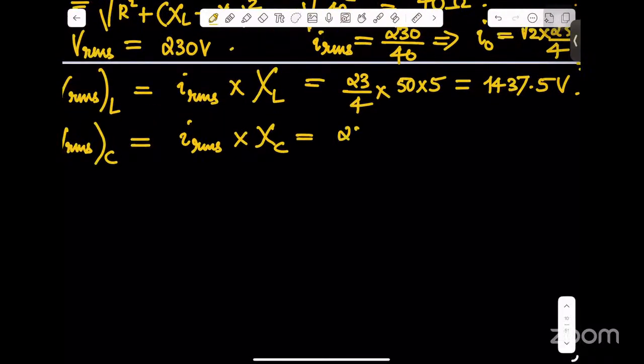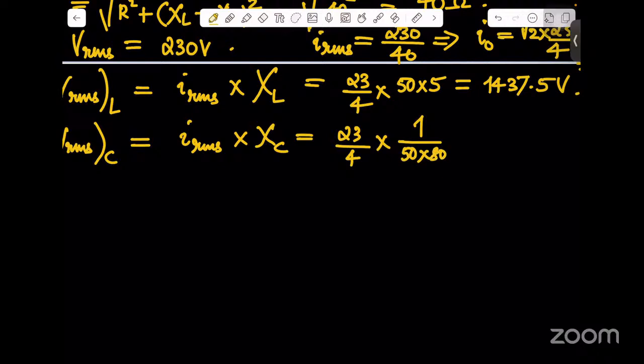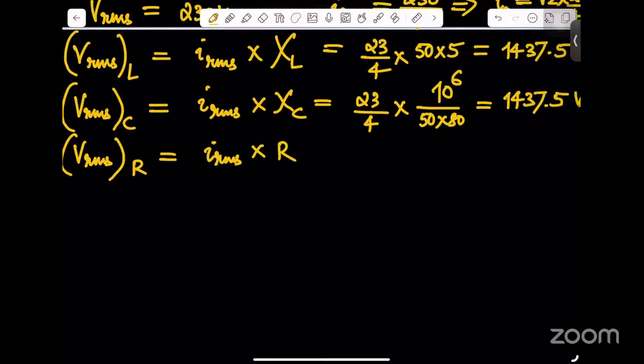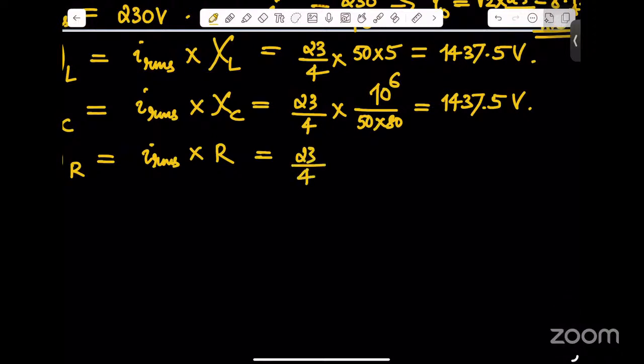It is I_RMS, which is 23 upon 4 times 1 upon 50 into 80 into 10 raised to minus 6. If you solve this again, you get the same value. And the potential drop across the resistance is I_RMS times R, right? So 23 upon 4 into 40, which is 230 volts.